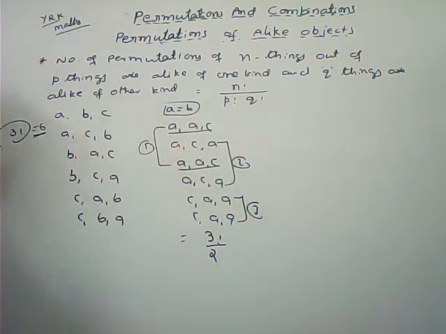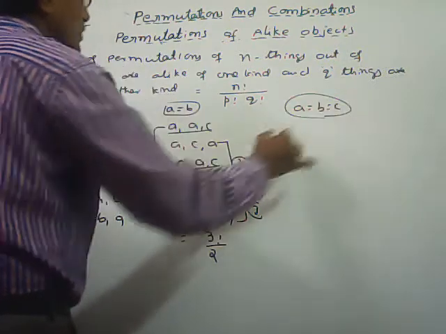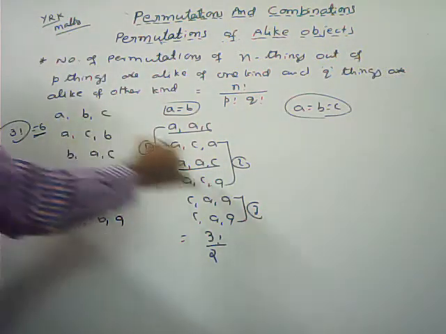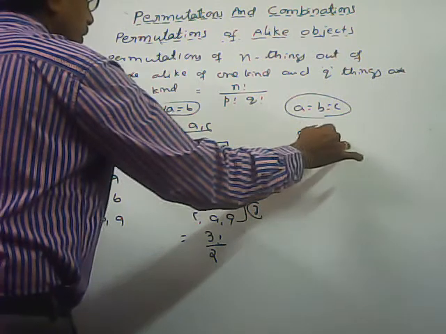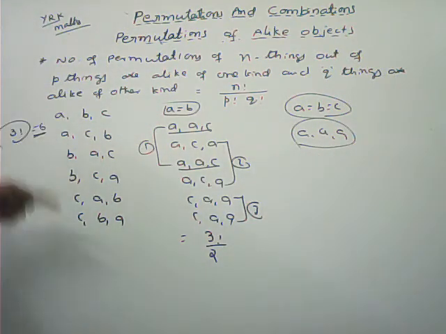Total 3 are there. Now for example, if I take A equal to B equal to C, then everywhere we get the same thing, A. So the 6 linear arrangements become 1.